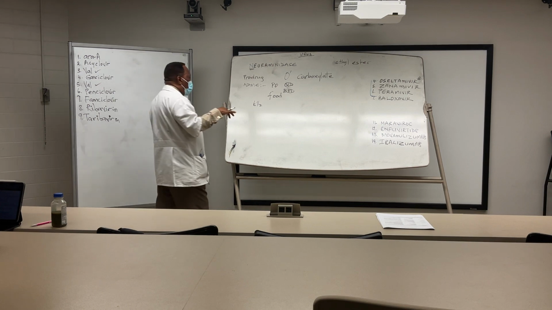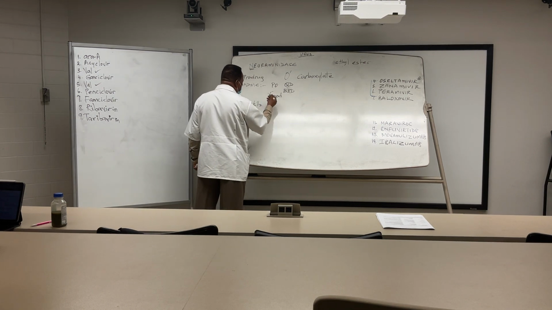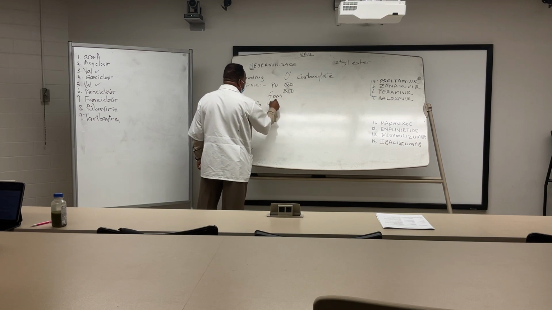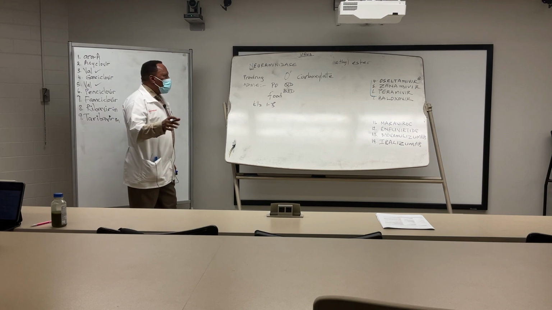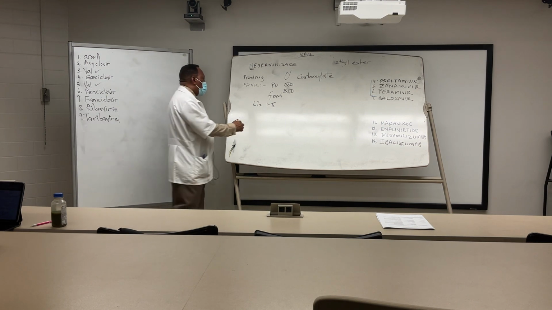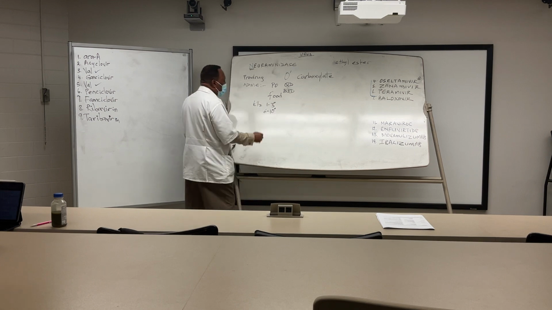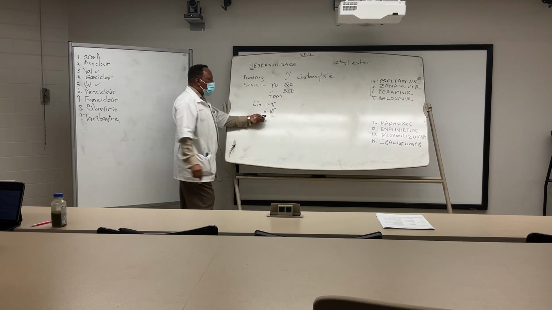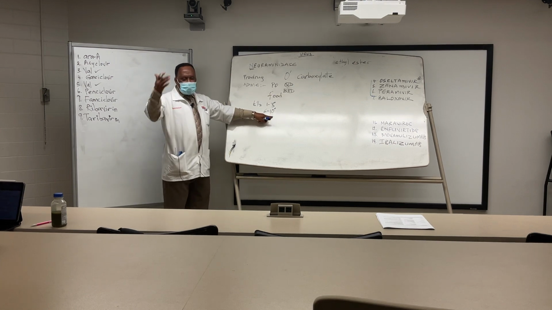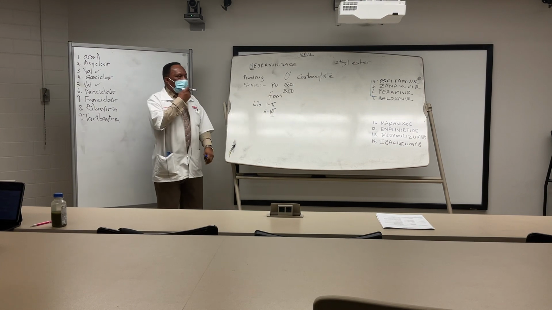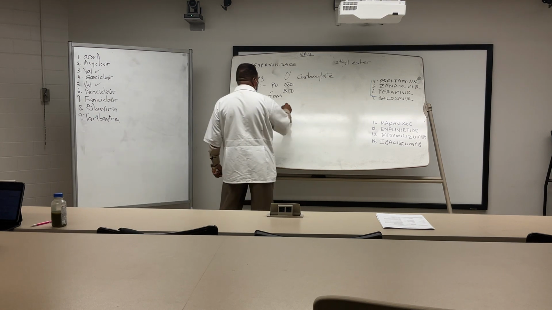The parent compound has a half-life of about 1 to 3 hours. But the carboxylate, which is the active product, has a half-life of 6 to 10 hours. And that's why you can actually give it on a BID basis. It's because of that active moiety that it has a half-life of 6 to 10 hours.